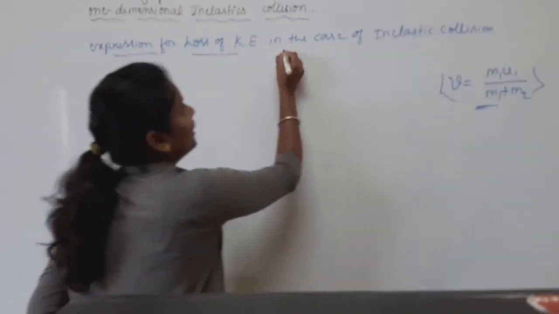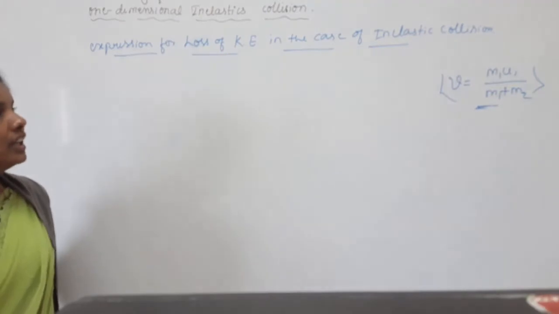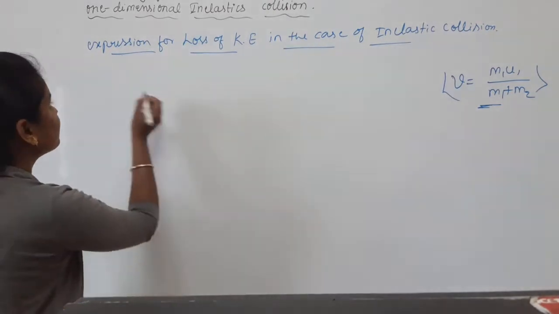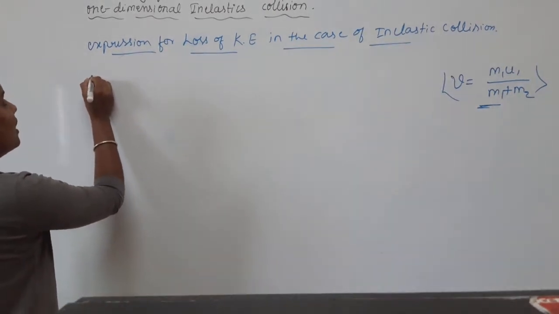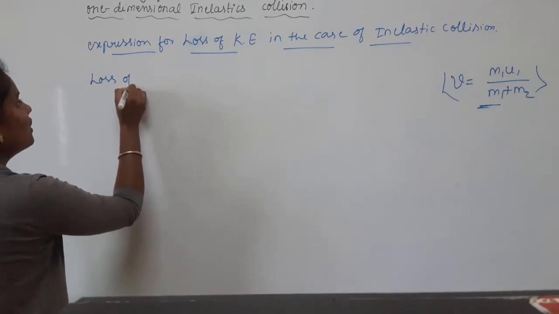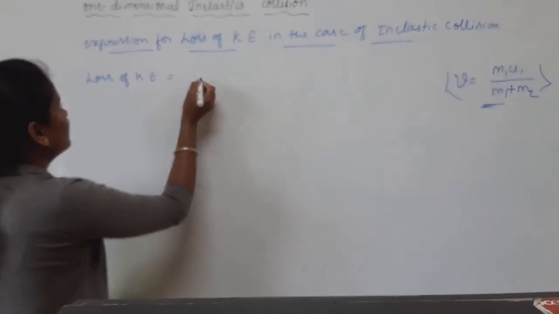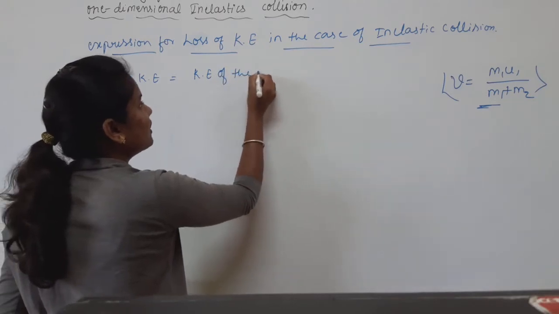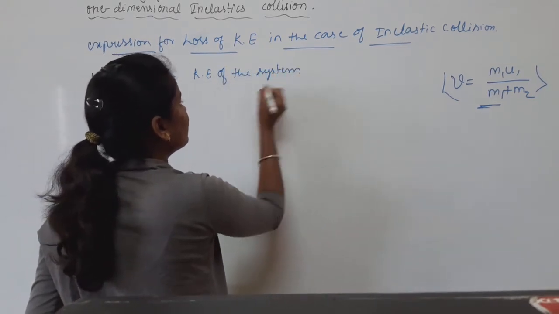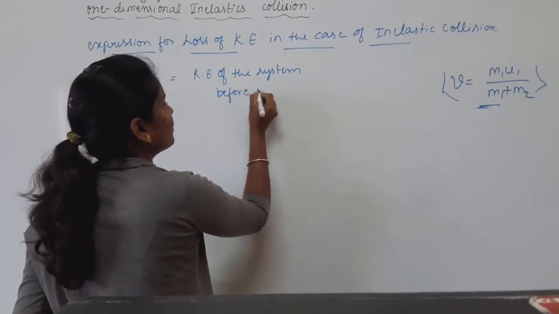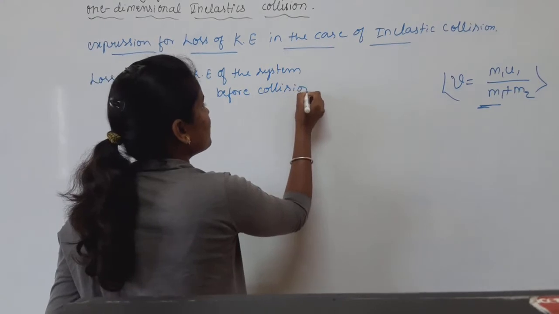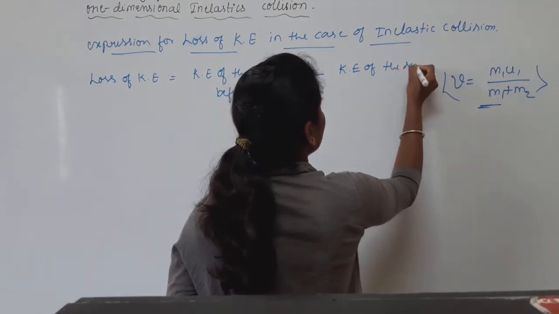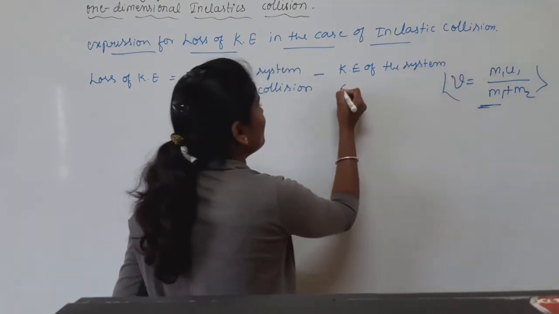In an inelastic collision, momentum is conserved, but kinetic energy is lost in the form of other energy. The loss of kinetic energy is equal to the kinetic energy of the system before collision minus the kinetic energy of the system after collision.